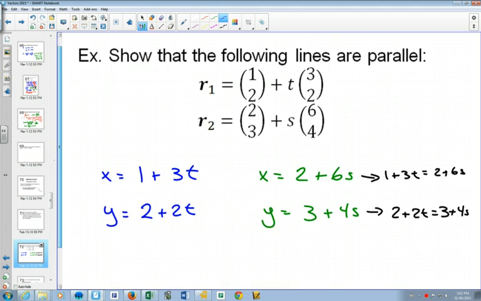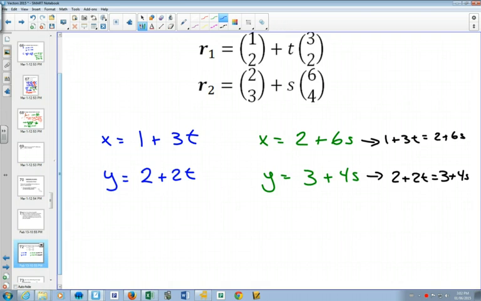You want to do matrices? So if you wanted to do matrices, your first equation here, if we rearrange this, I'm going to have 6s minus 3t equals negative 1. So I just brought my variables to one side.